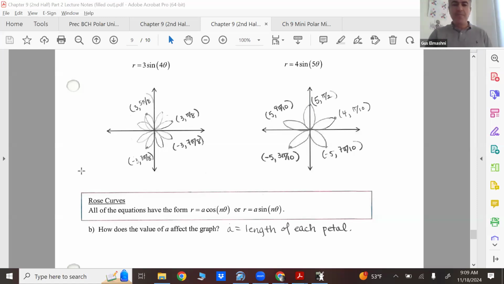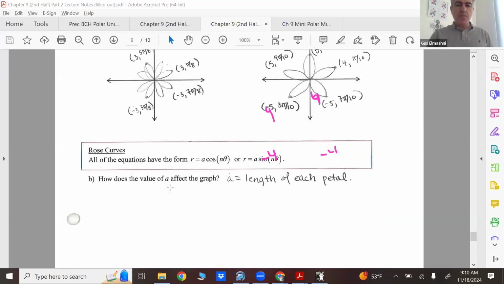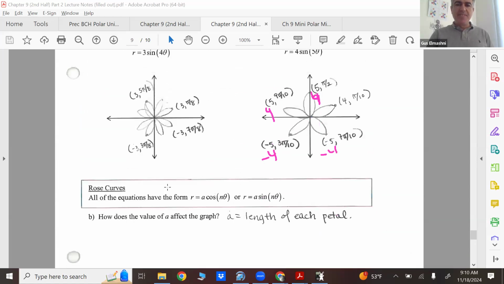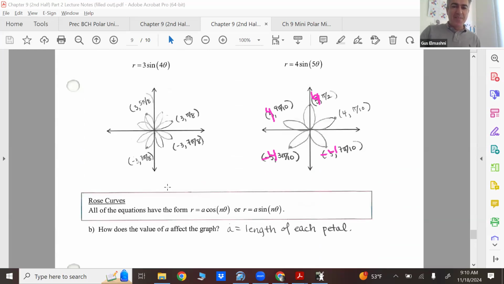Yes, those should be fours. And yeah, a is the length of the petal, just so you know. So that's going off rose curves.